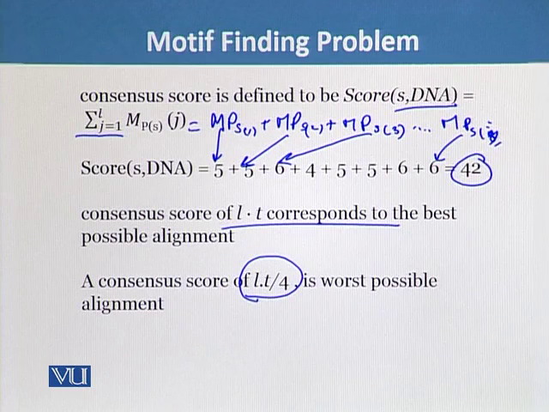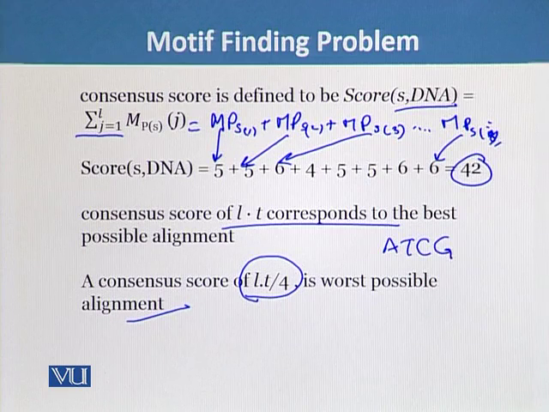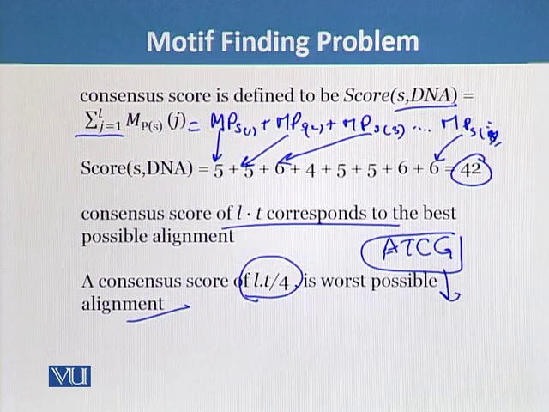however corresponds to the worst possible alignment, because it contains a mix of all the nucleotides. It means that adenine, thymine, cytosine and guanine will be present in equal ratio, and it is represented by L multiplied by T divided by 4.